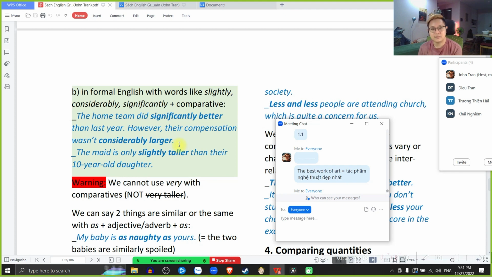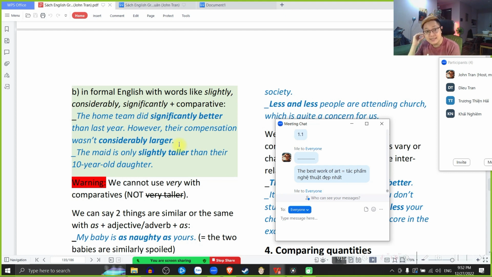The maid is only slightly taller. The maid is only slightly taller than their 10-year-old daughter. The maid is only slightly taller than their thiếu âm.